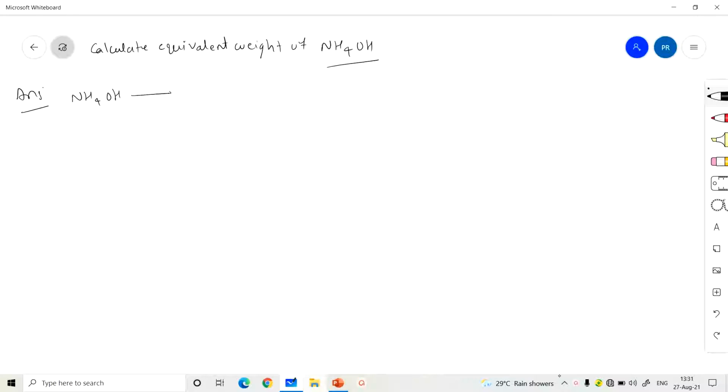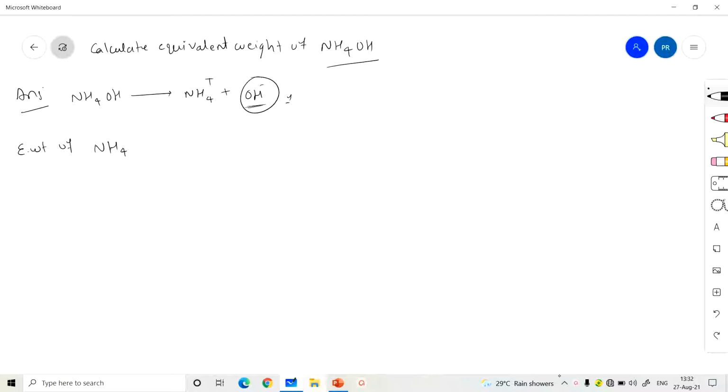Ammonium hydroxide is dissociated as NH4 plus, OH minus. The number of replaceable hydroxide ions is 1.